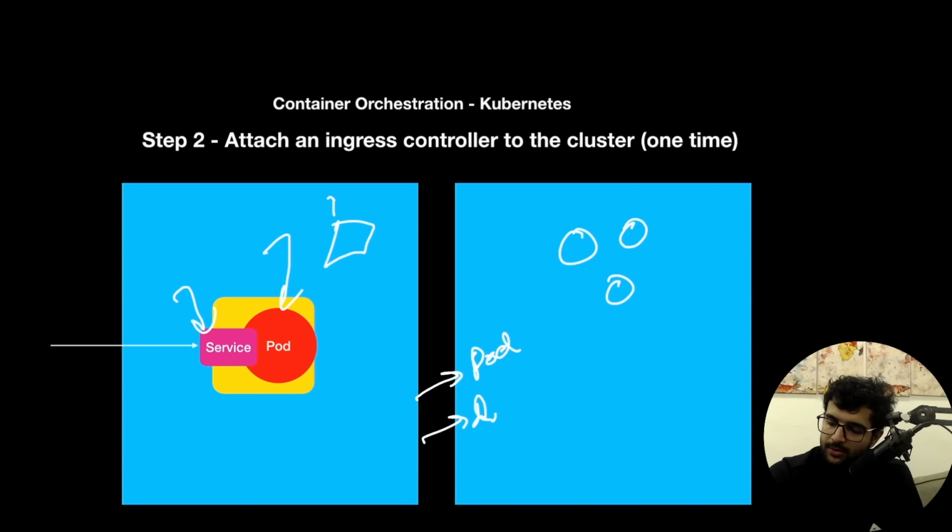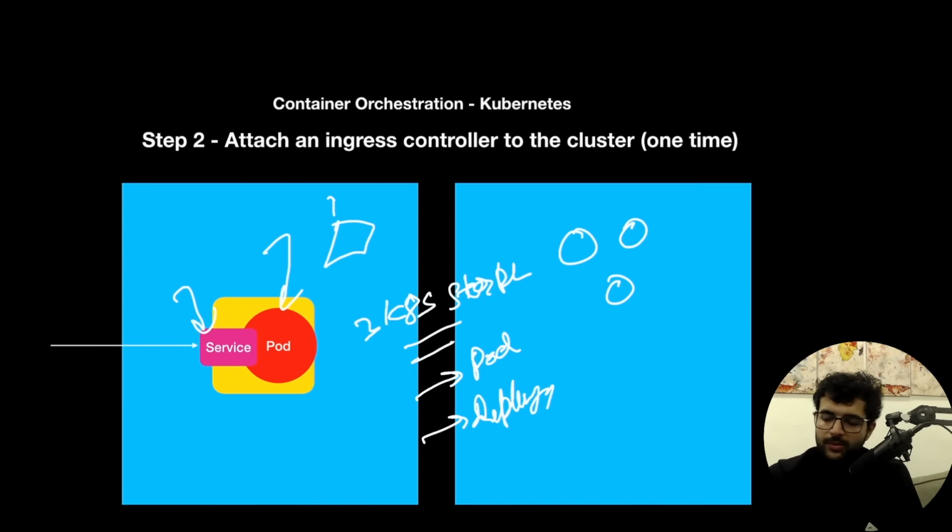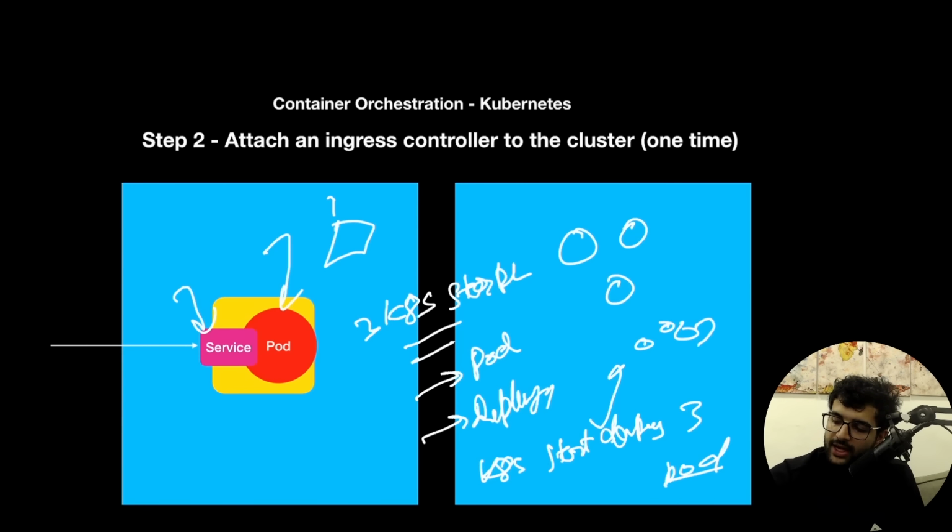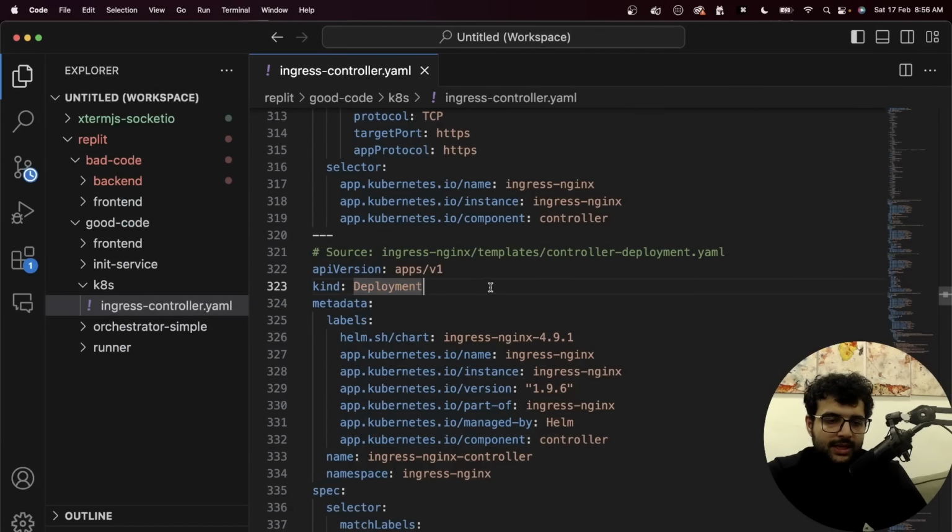You will start a deployment. You will not run Kubernetes start pod three times. No, you will say Kubernetes start a deployment of 3 replicas of this specific pod. And what will it do? It will start 3 of them, and if anyone goes down, it will restart it. That is what this deployment is right here.